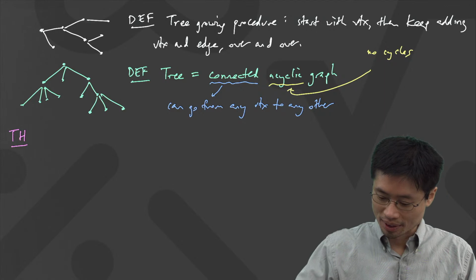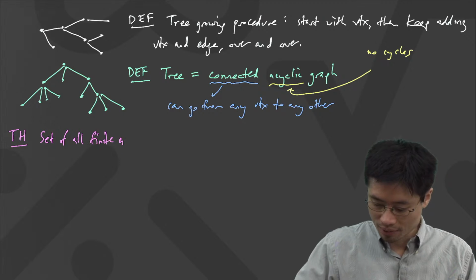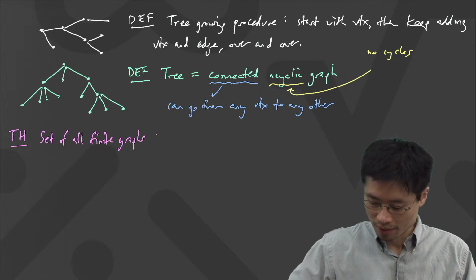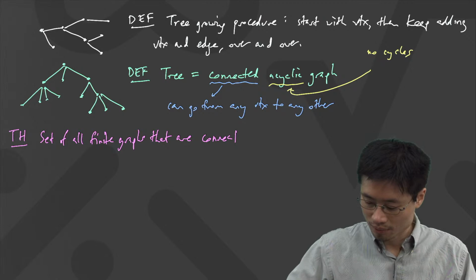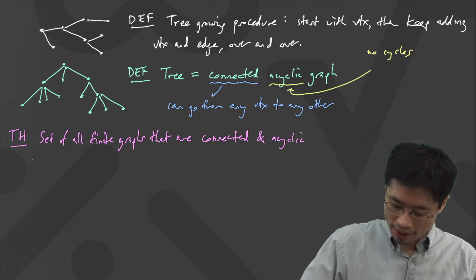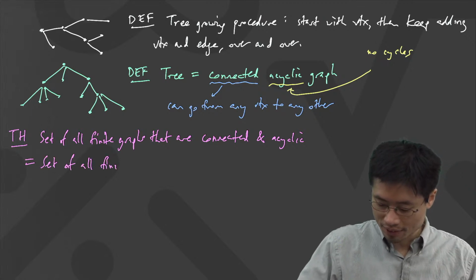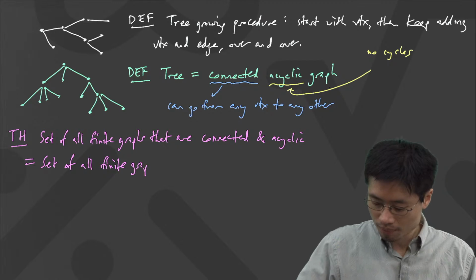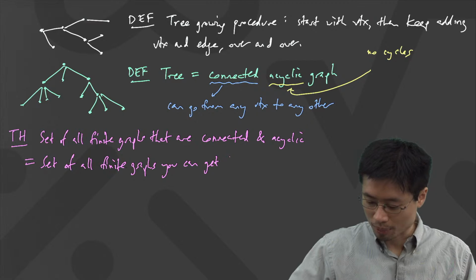The theorem is that the set of all finite graphs that are connected and acyclic is equal to the set of all finite graphs you can get from the tree growing procedure.